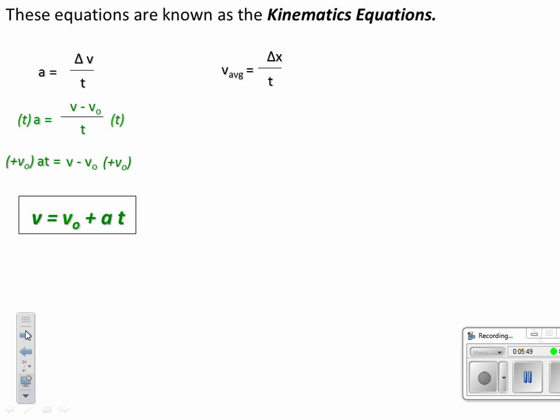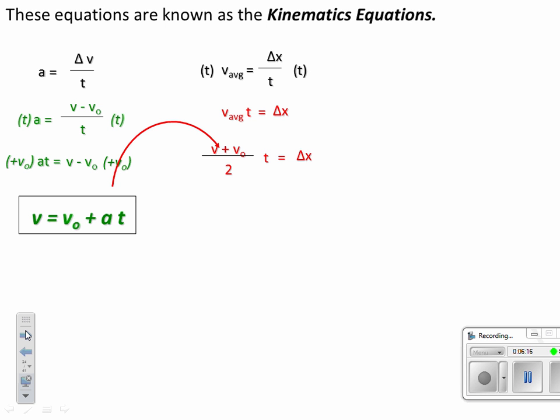Nothing too crazy. Let's start with this one. Now, if we rearrange and solve for delta x, we get that. Well, what's a way we can write v average? Remember, we take the two velocities that an object has, add them up, divide by 2, just like for an average of 2 test scores. Well, look at this.